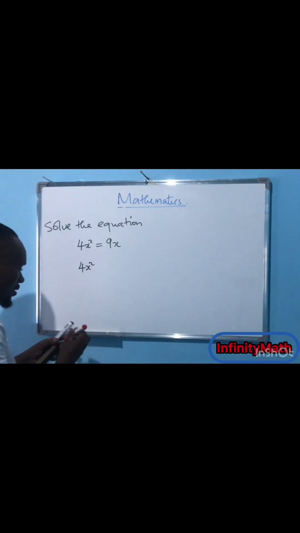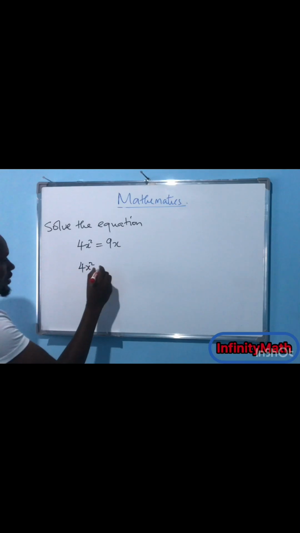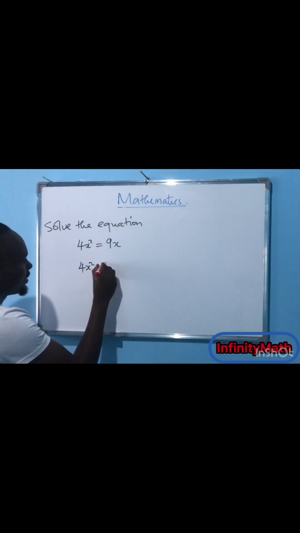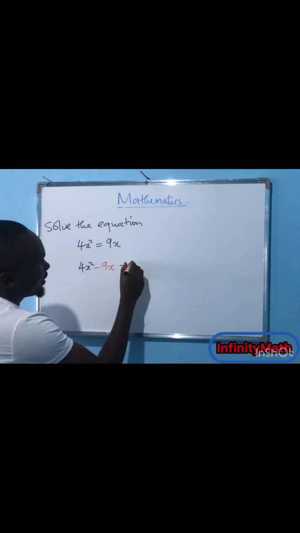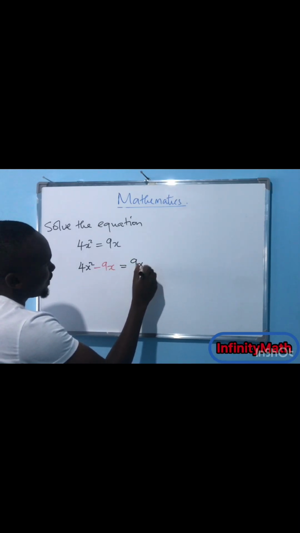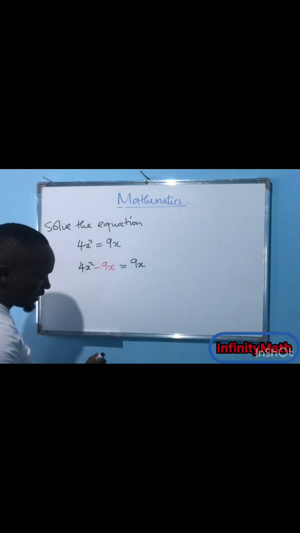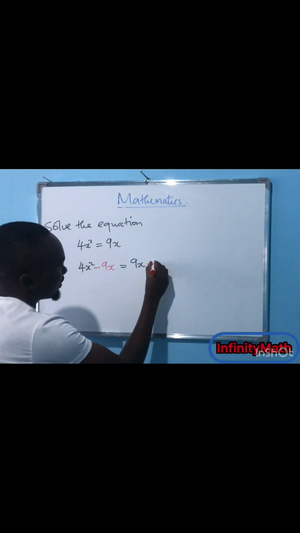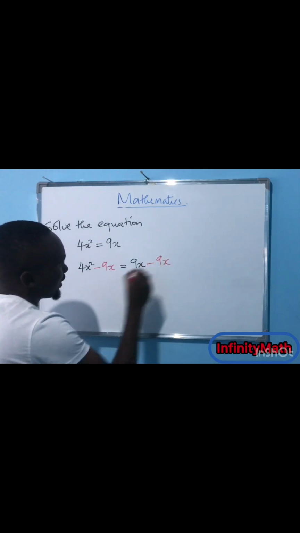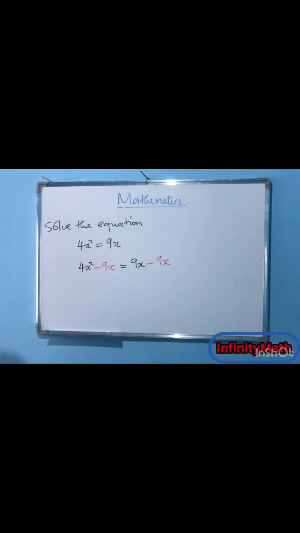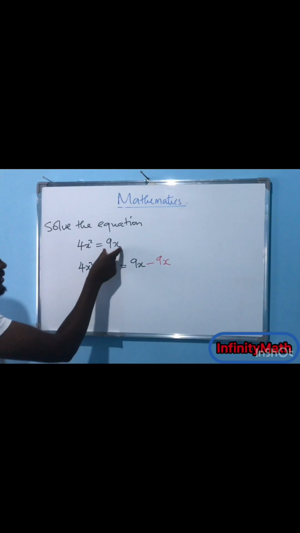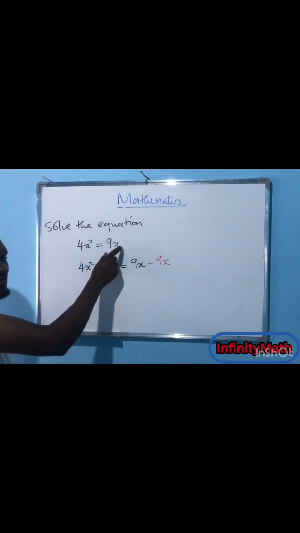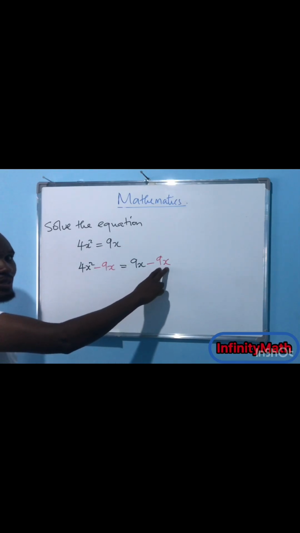So 4x squared minus 9x should equal 9x minus 9x. The reason I'm using a different color here is to indicate the additive inverse of positive 9x. It's just basically negative 9x.